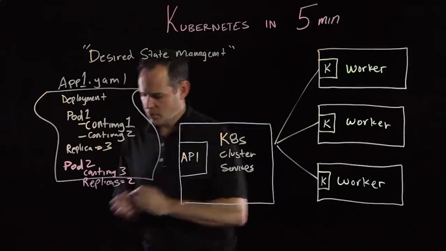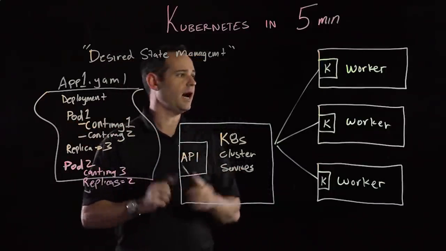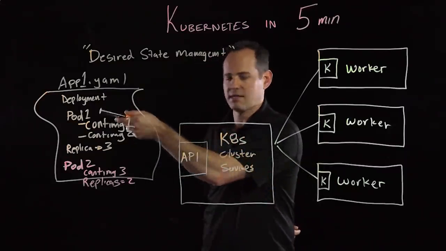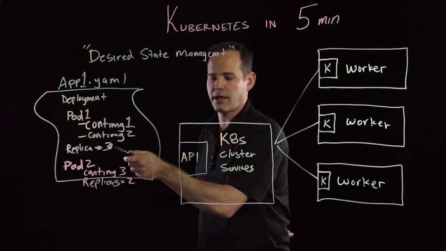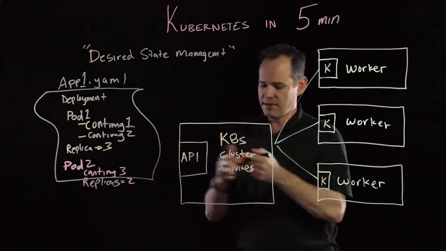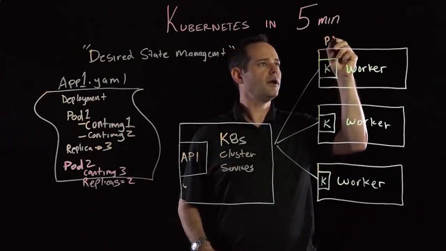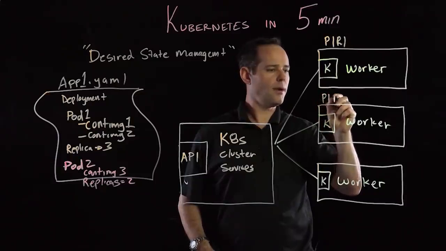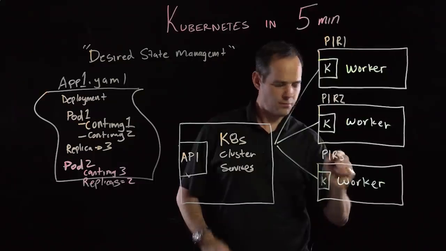So I will take this deployment file and feed it to the API, and it will be up to the cluster services to figure out how to schedule these pods in the environment and make sure that I have the right number of pods running. I feed this file over here. Let's work on pod 1. I'm going to have pod 1 replica 1, pod 1 replica 2, pod 1 replica 3.